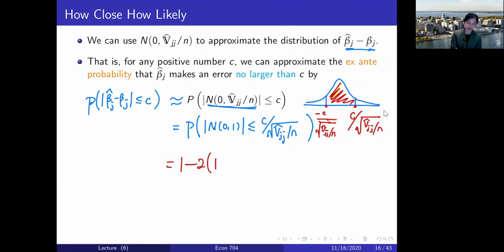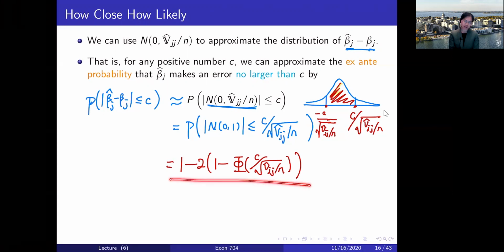So that's 1 minus the standard normal CDF of C divided by this standard error. All right, so that is this probability. Now, this can be calculated from the data because everything here is available from the data.